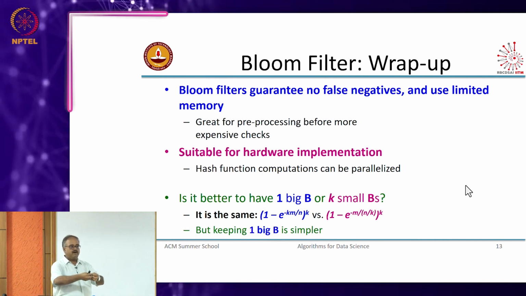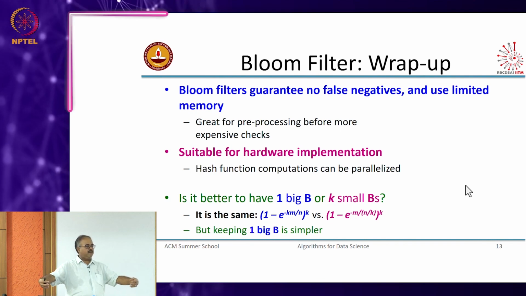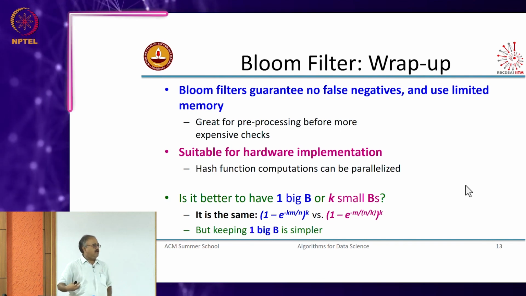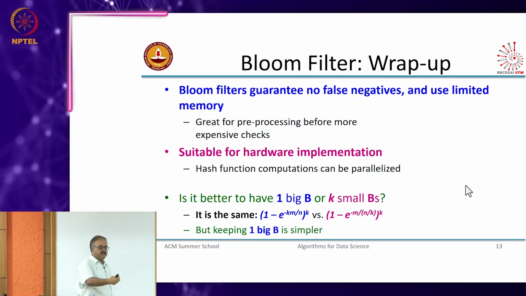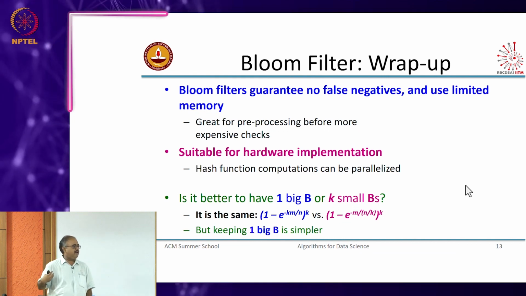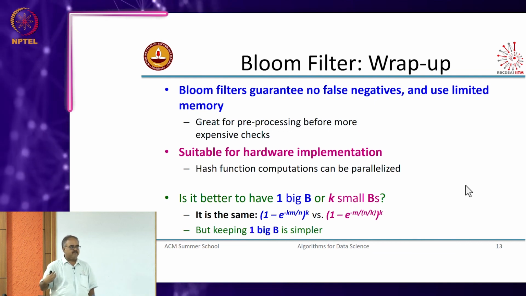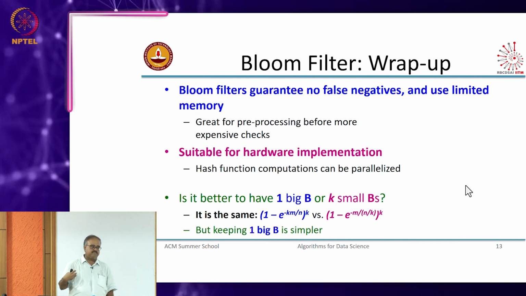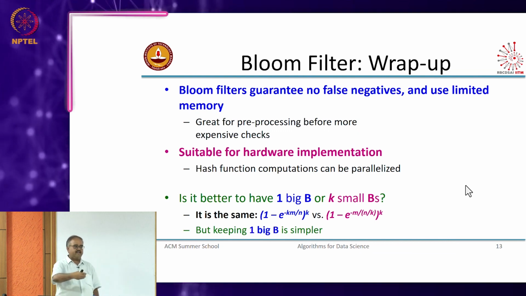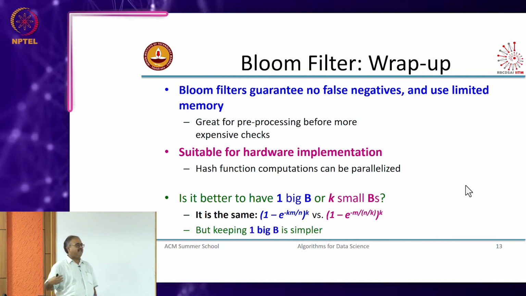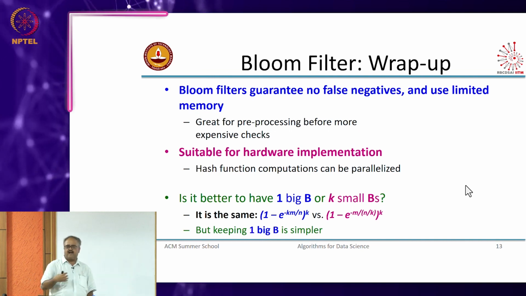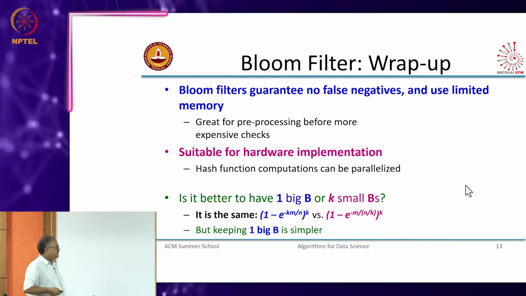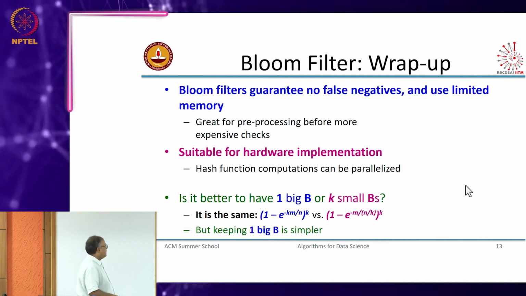You implement all of these hash functions in parallel in hardware, and each one of them will give an access to an element in the bit bucket, and then you AND everything. If the AND gives you a 1, then you let the thing go through. It's very simple. It's basically like maybe 3 gate delays or 2 gate delays. In hardware, it's extremely fast when you are implementing this. So that's one of the biggest advantages.